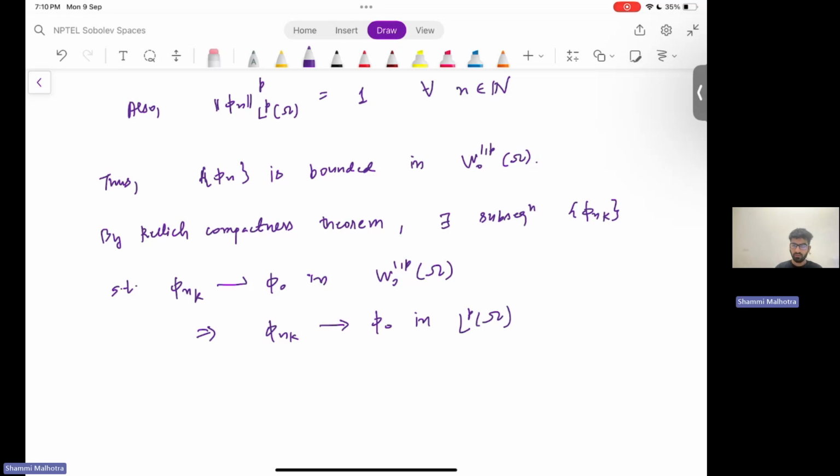So from the boundedness we have a weakly convergent subsequence, and then from the Rellich compactness we have this sequence convergent in LP in a strong sense.